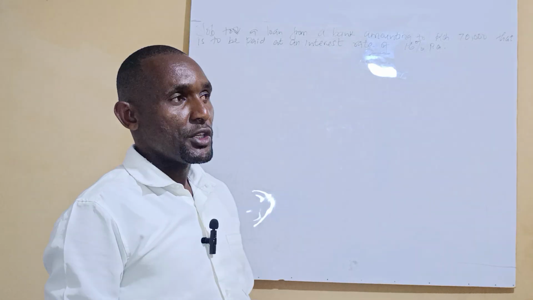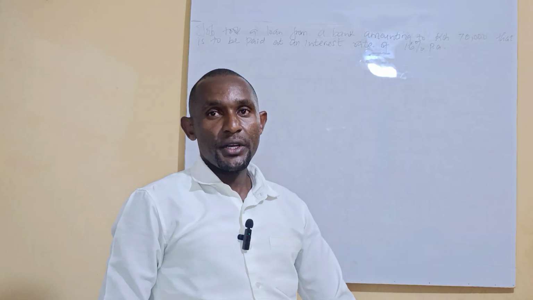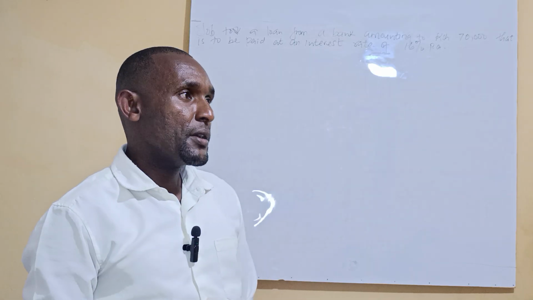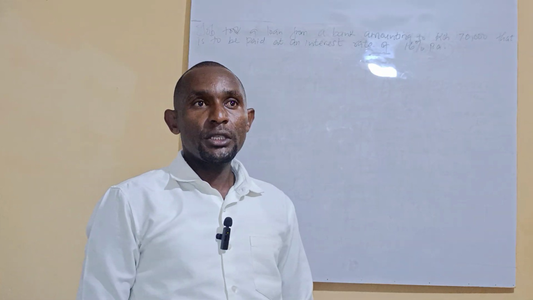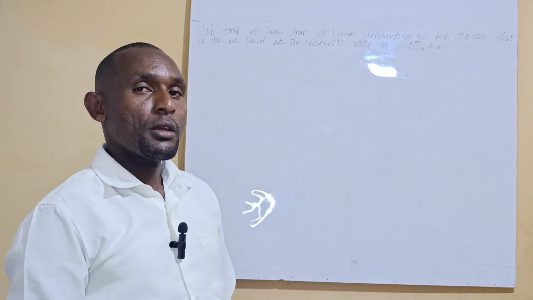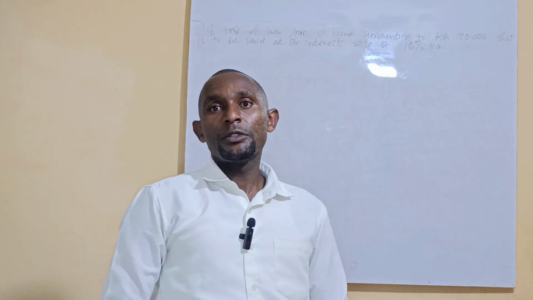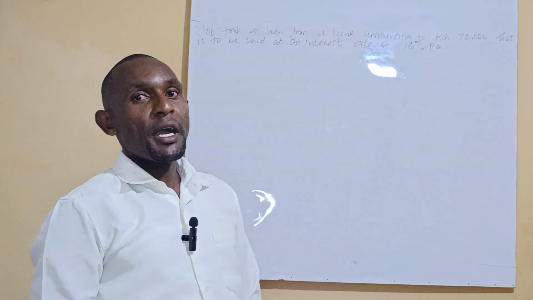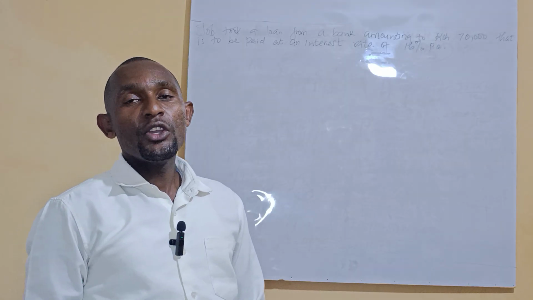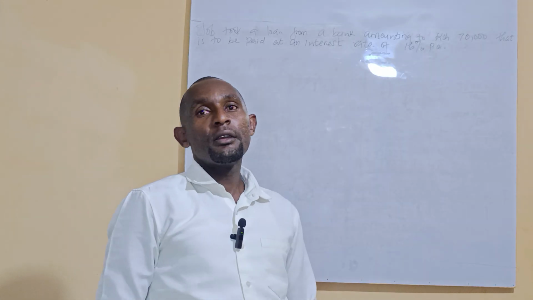Remember, there is information that you need to be very keen about. Anytime you are given the interest rate, it is always important to note whether it has been given per month or per year. If it has been given per year, then the period that you are going to work with should be in years.